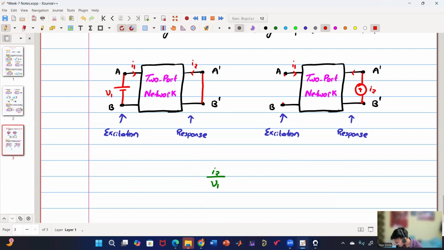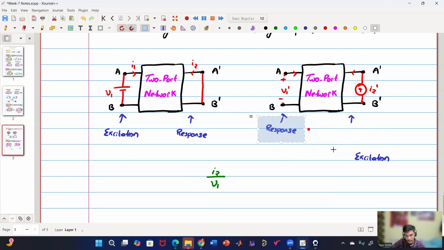This is my I2 dash. And now the open circuit voltage: the current here is 0, but the voltage is V1 dash. Now the excitation will come here and the response will come here, because we are exciting on the other terminal. So even if you interchange the excitation and response, the ratio of response to excitation will be the same.